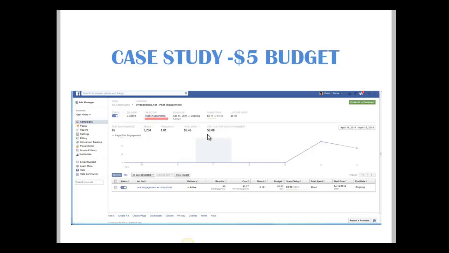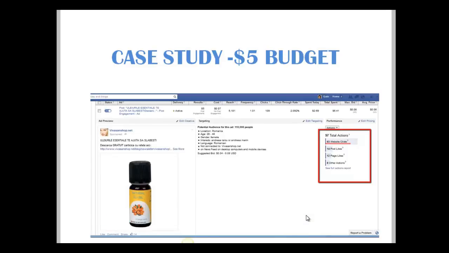So even though my bid was 0.08, it ended up being 0.07. 5,181 people were reached on a budget of $5, and the actual spend is $2.69 for the day. The total spend for the ad is $6.41, and on the next slide we get to see how it looks.